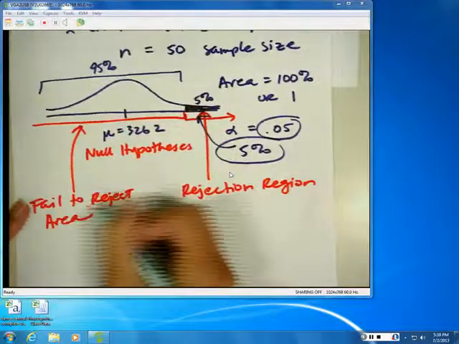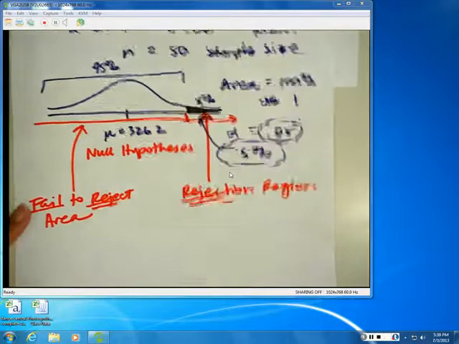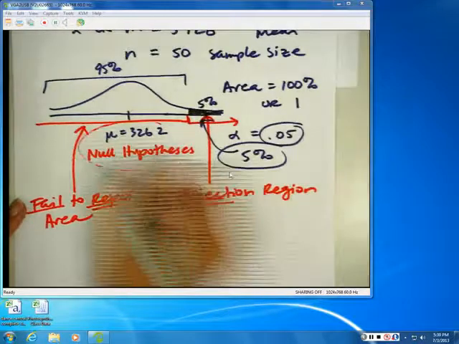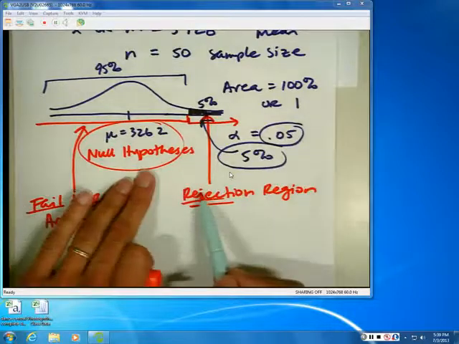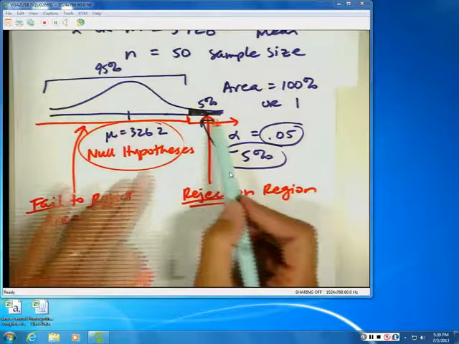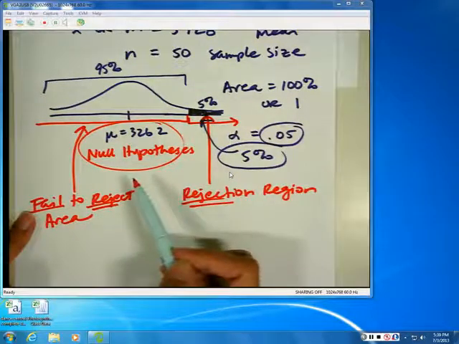And we use that language, fail to reject or reject, because we're talking about the null hypothesis. Am I rejecting that the null hypothesis is true? I landed in the 5%, or am I failing to reject that the null hypothesis is true?